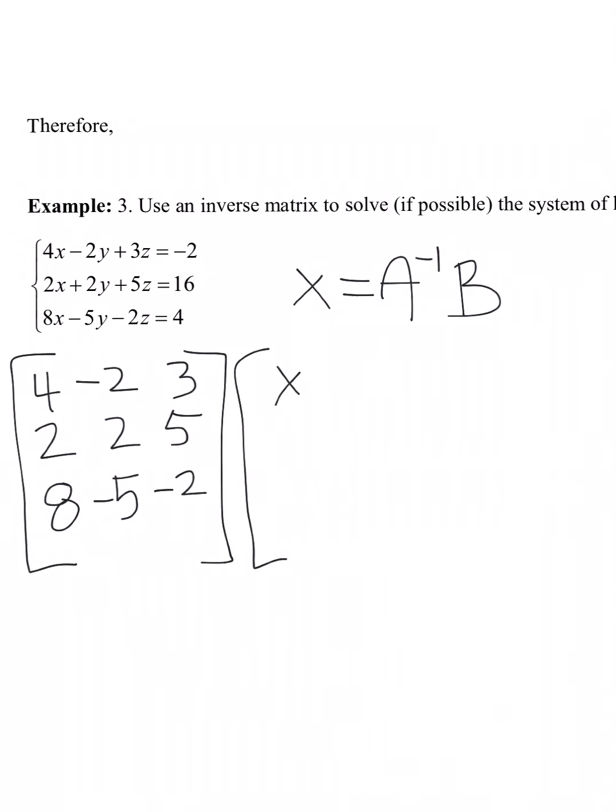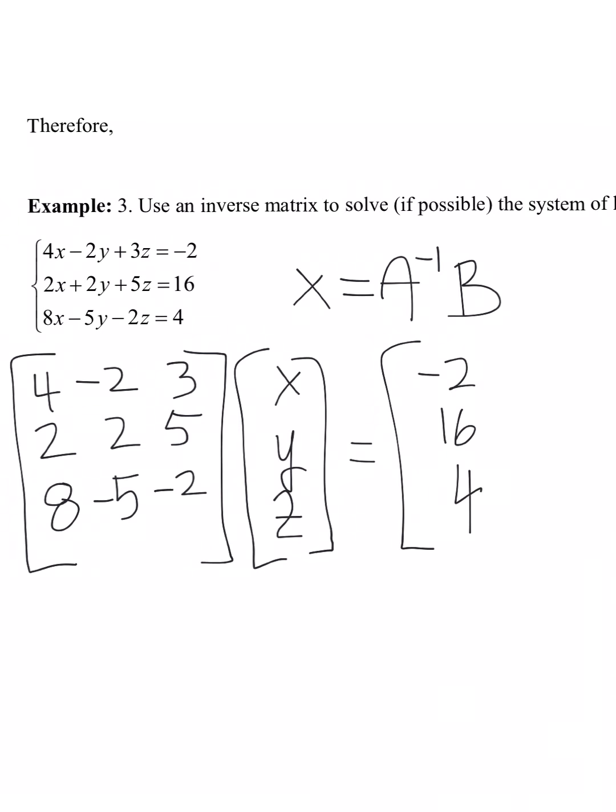We're going to write this as X, Y, Z. And then this as negative 2, 16, 4. So I knew that the structure of this would work out to this.